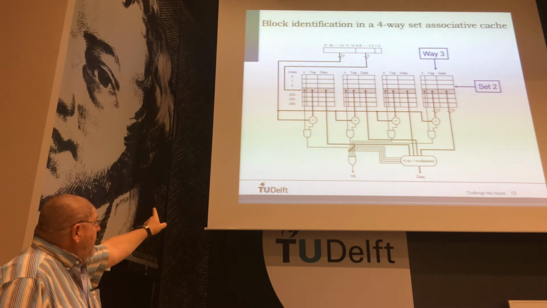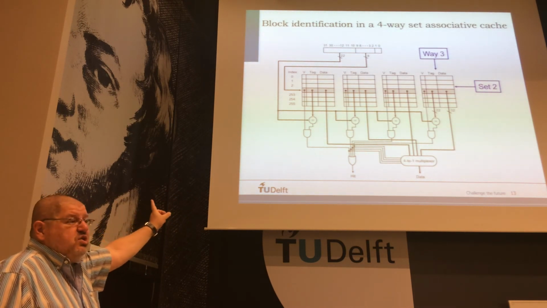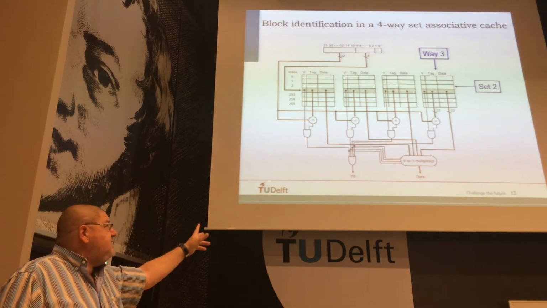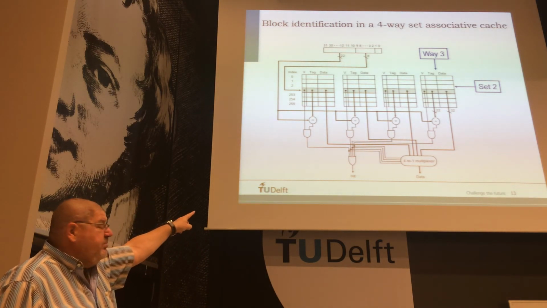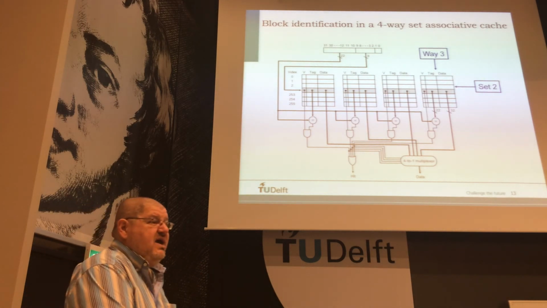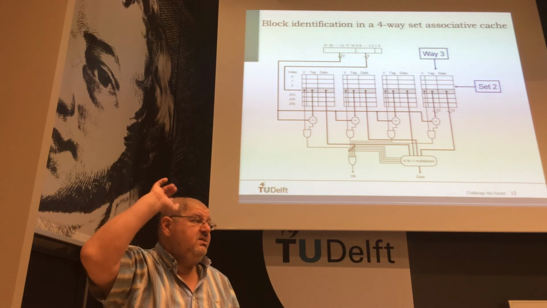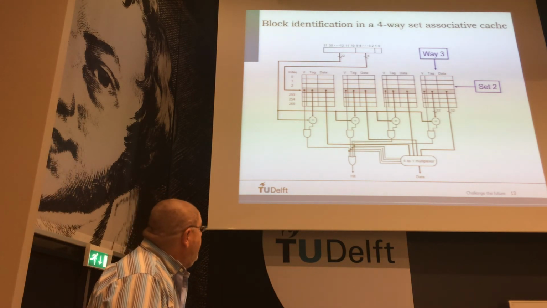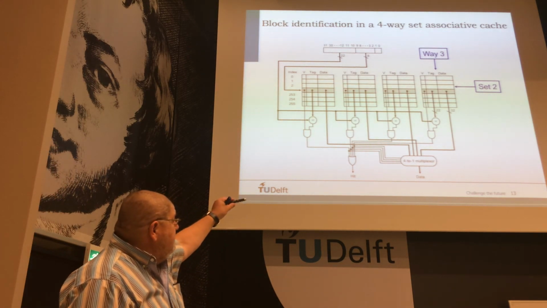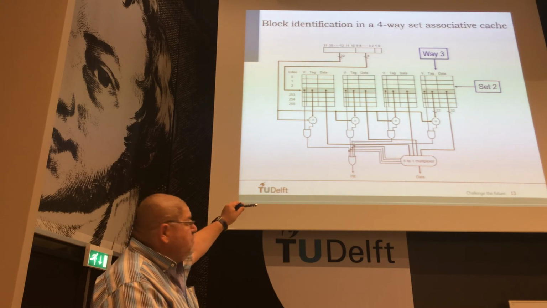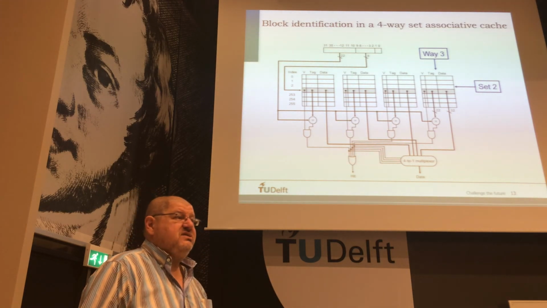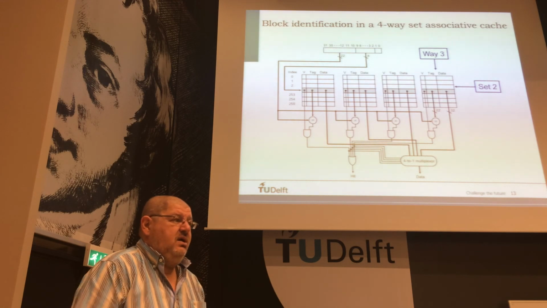Then if one of those comparisons gives me a hit and the valid bit is 1, this gate will provide me a signal which will say, I have it for you. I'm lucky, I can offer you whatever you are looking for, and because what I want is one of those, I have to do a selection with a 4-to-1 multiplexer.